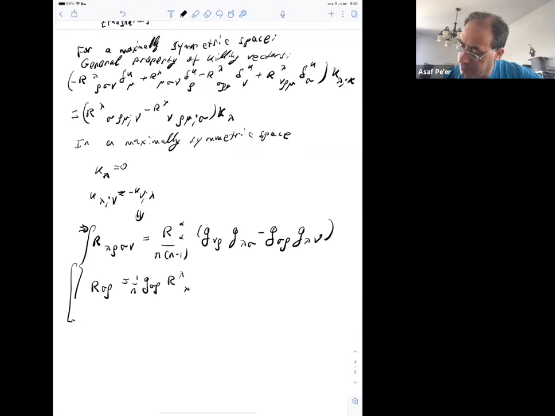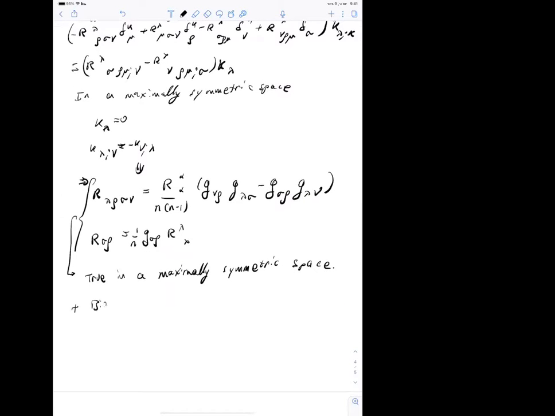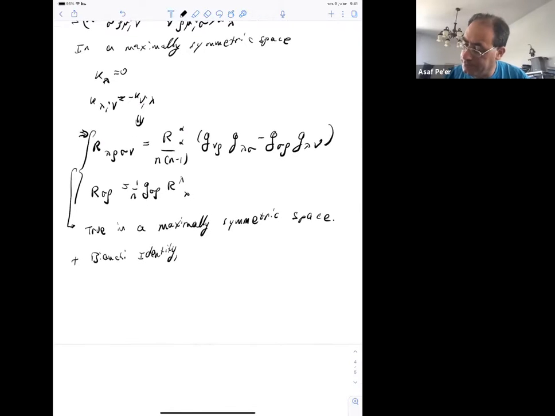So this is true in maximally symmetric space. And when we use the Bianchi identity, that led us to write down R lambda rho sigma nu as some constant.